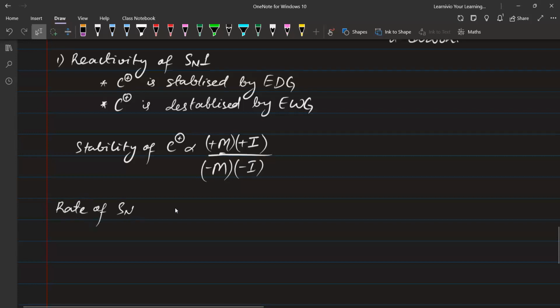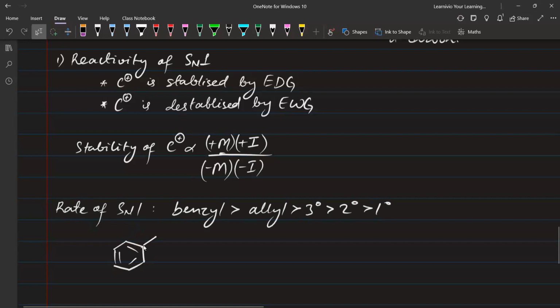अगर हम in general rate of SN1 की बात करें, we have already seen this, then it is benzyl, उसके बाद allyl, उसके बाद 3 degree, then you have 2 and then you have 1 degree. ठीक है, तो benzyl का स्ट्रक्चर कैसा होगा? Benzyl will be something like this, this is the benzyl carbon.